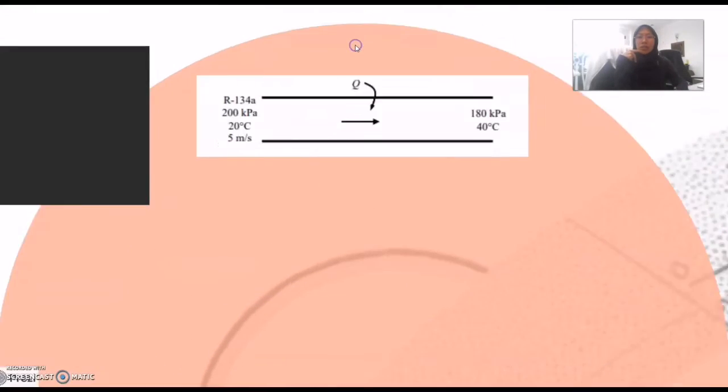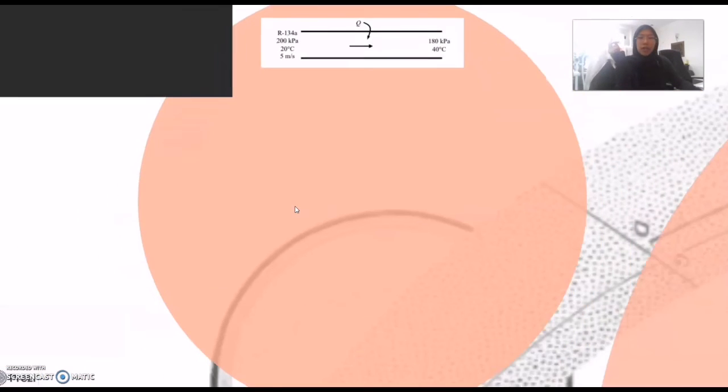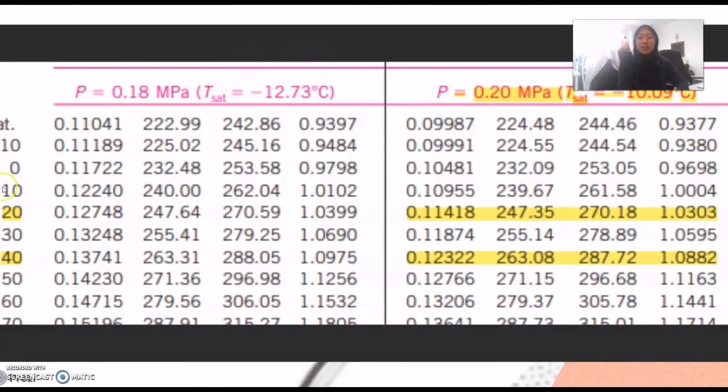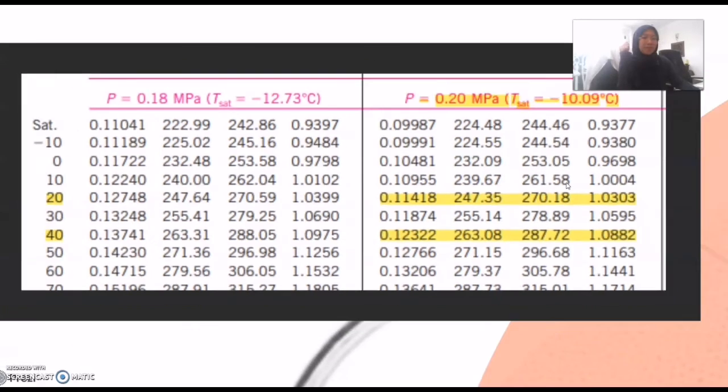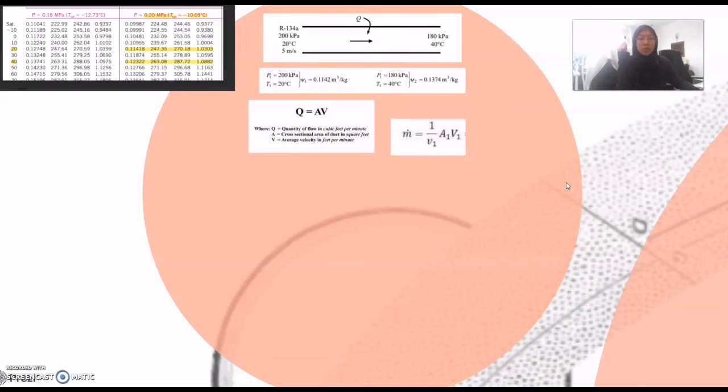The good thing is we have pressure and temperature at the inlet and the outlet. From this pressure and temperature, we can identify other properties using the steam table. Here we have the rows for specific volume, internal energy, entropy, and enthalpy. So these are the other properties.